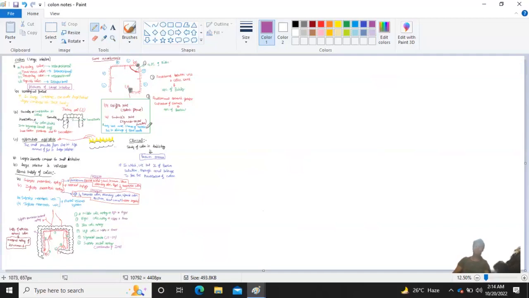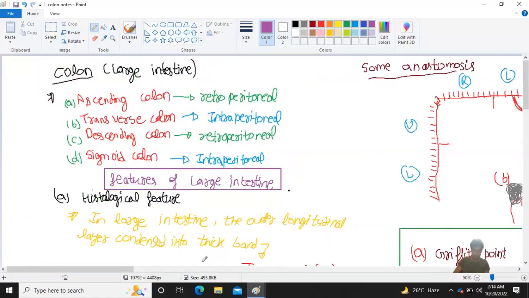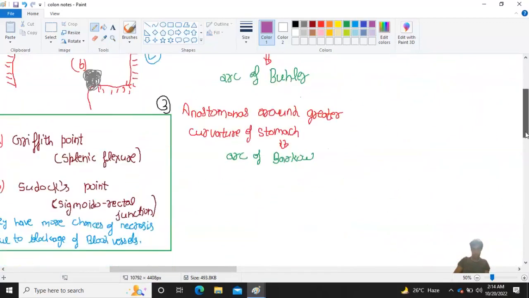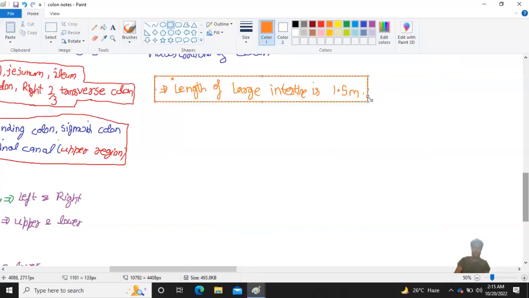Now, remember the whole length of the large intestine is around 1.5 meters, which is not very important, but we write it.